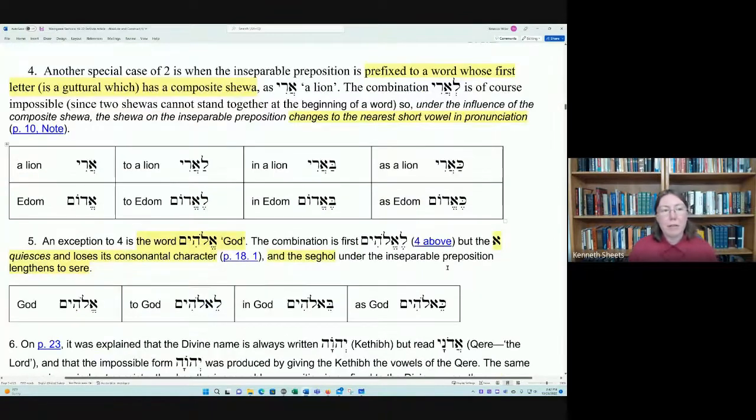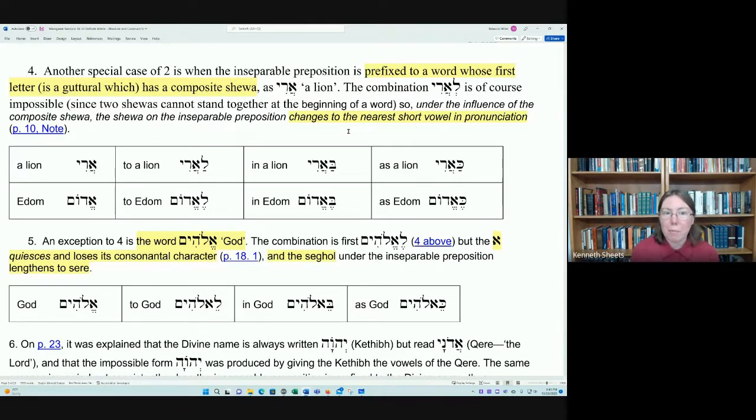Then notice as well here, they're talking about another case similar to what we had up above, where we had those two vocal schwas side by side. In this instance, however, we're not going to have a simple vocal schwa next to another simple vocal schwa. We're going to have a simple vocal schwa next to a composite schwa.